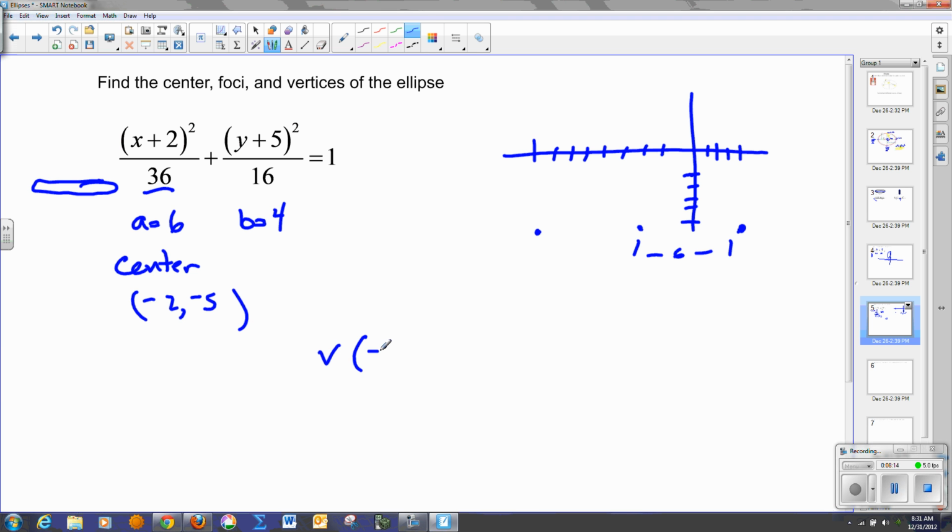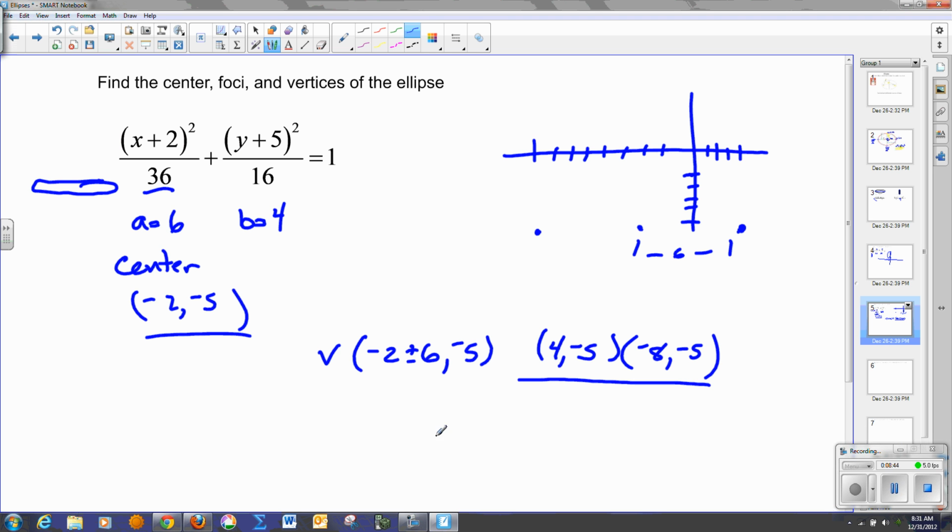So that would be -2 plus and minus 6 over to the left and right, and -5 down, which puts me at 4 and -5 and -8 and -5. Center, we already said, was -2, -5, and now I have my vertices here.